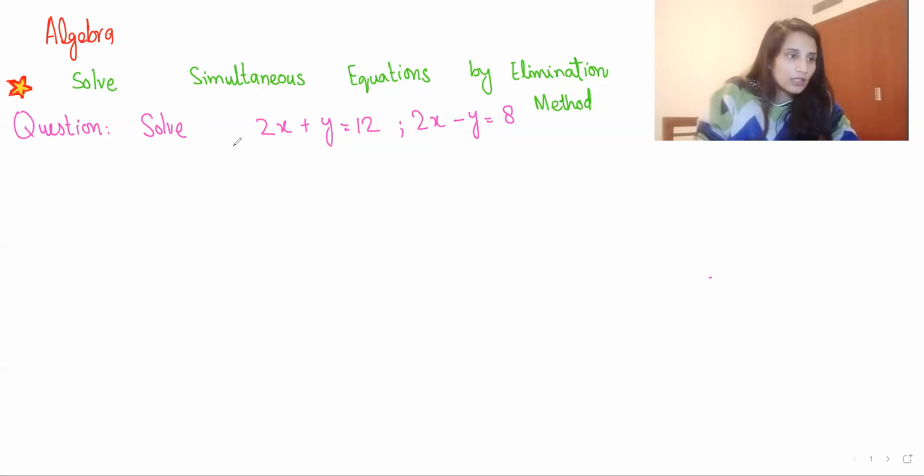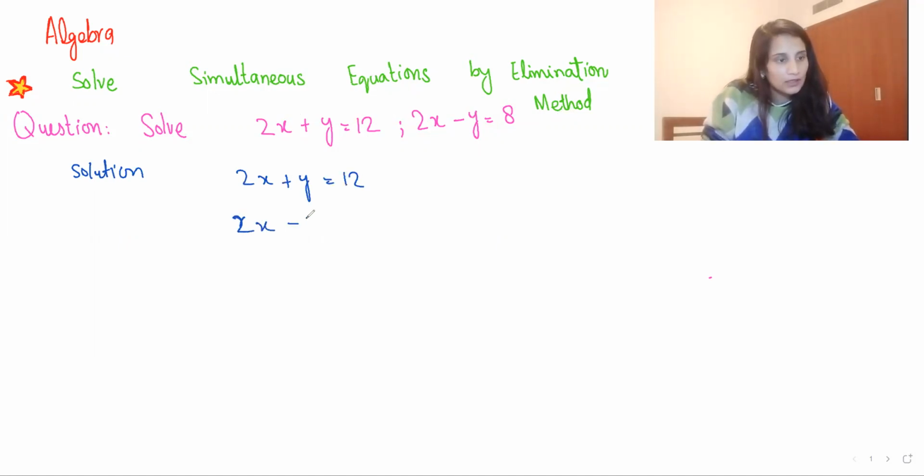Now here's a simple question that has two equations, and I'm going to solve it by the elimination method first. The second question that I will be solving will be a little more complicated. So let's start the solution by rewriting the equations.